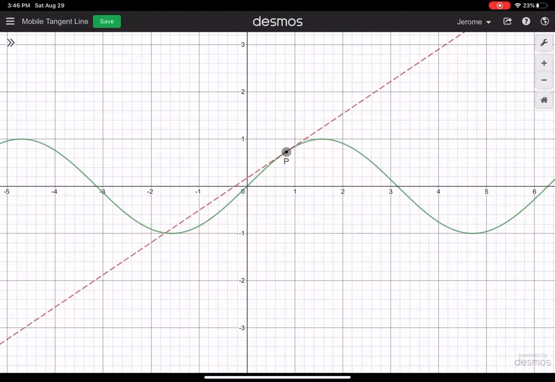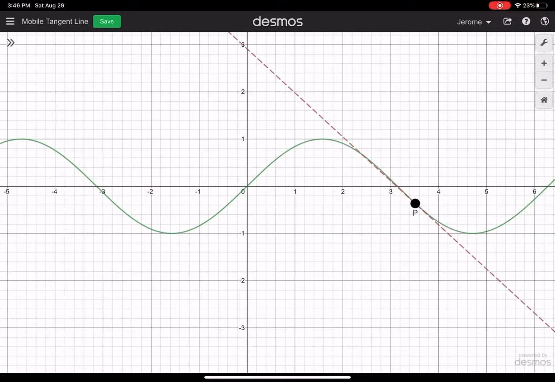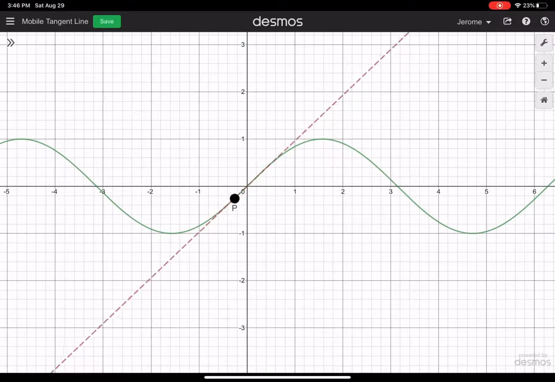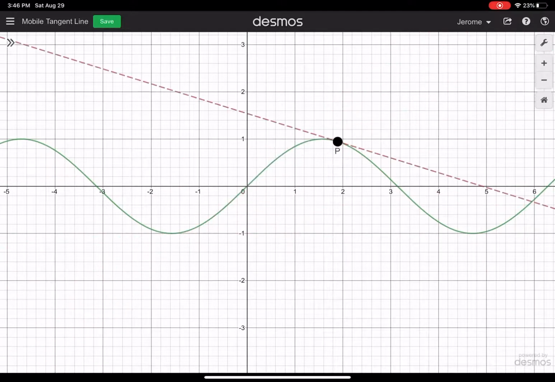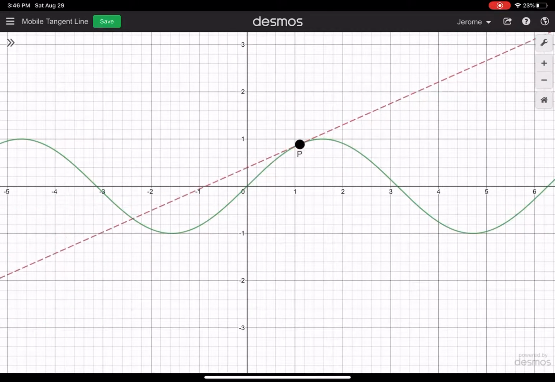So here is good old sine x, and what I have graphed also in red is a tangent line, this dashed line here, and I can move it around. It's like a roller coaster. Okay. Now, as we said, we can't just simply say that a tangent line touches a graph at just one point, because as it is situated right now, it's touching at 2 points, right?